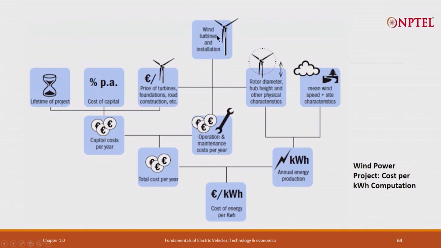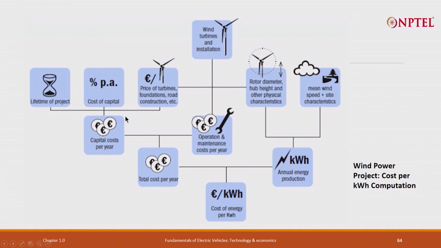From this wind turbine and installation, you will have to calculate the operation and maintenance cost, the actual cost, the price of turbine, foundation and road construction. From there you derive the per annum cost using depreciation and interest, and from there you derive the lifetime of the total cost.